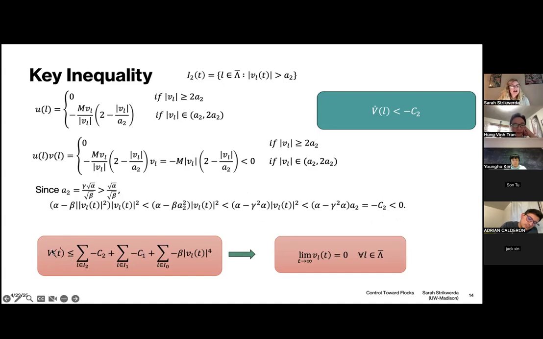So adding this up, our total velocity for the Lyapunov function is going to be less than the sum of these three cases. And this is enough to say that the limit of capital V of t is going to be 0, which then also means that the limit of the L of t is equal to 0 for all L in the grid.